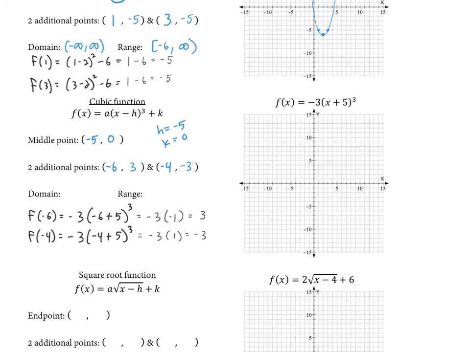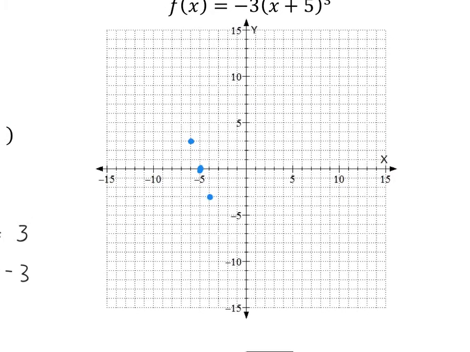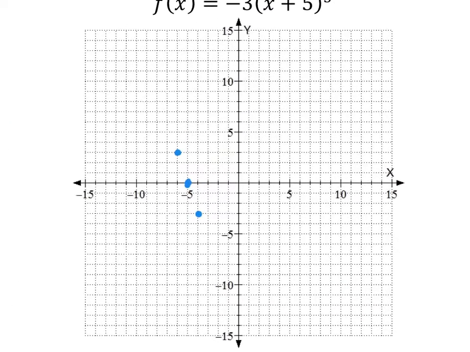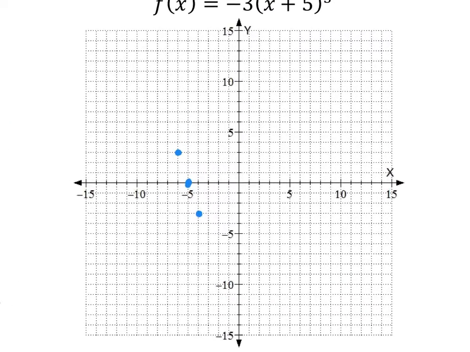Okay, so let's plot these. Negative 6, 3, negative 4, negative 3. Okay, so they're all in a line like they should be, but we got to memorize the graph. So the graph is not a straight line. It's like curvy from this middle point.